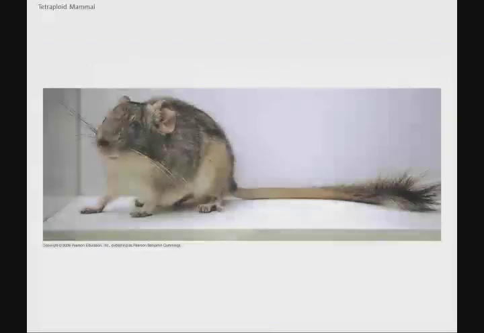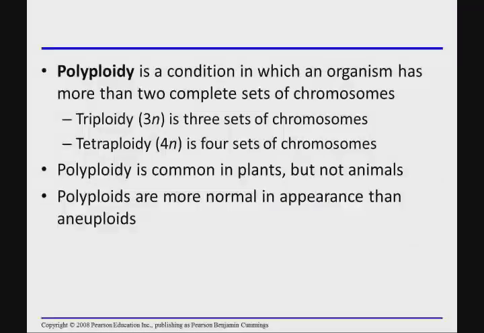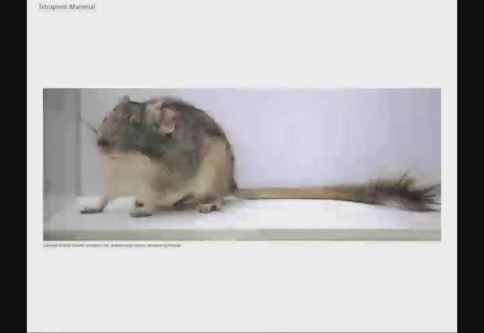But when I was taking my intro bio class way back, were I to ask whether there is ever an instance of animals with polyploidy, the answer would have been no. But of course, never say never. As we study nature more and discover new things, there's a mammal that actually is tetraploid. This is a rodent they found in South America or Central America that is in fact tetraploid. So we don't want to get too caught up in ultimates.